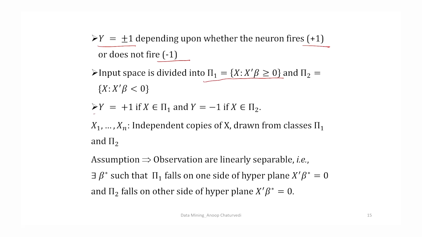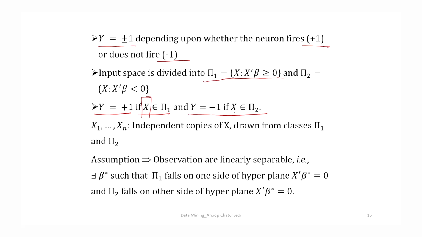Then y takes value 1 if x belongs to pi 1, and y takes value minus 1 if x belongs to pi 2. So, the input values of x which belong to pi 1 correspond to y equal to 1, or you can say that whenever x belongs to pi 1, y takes value 1.